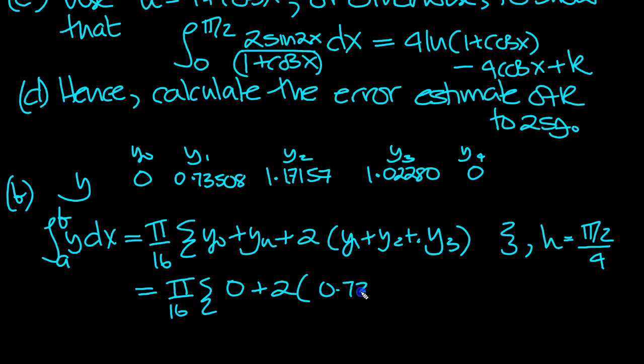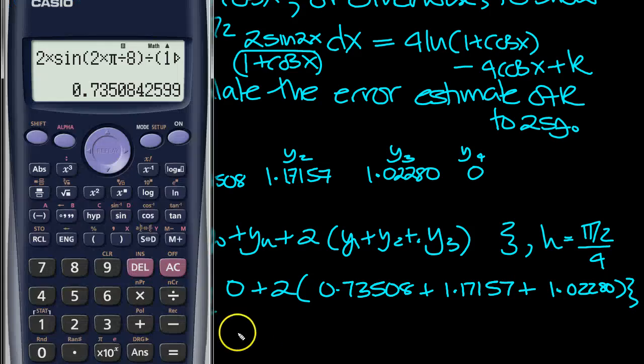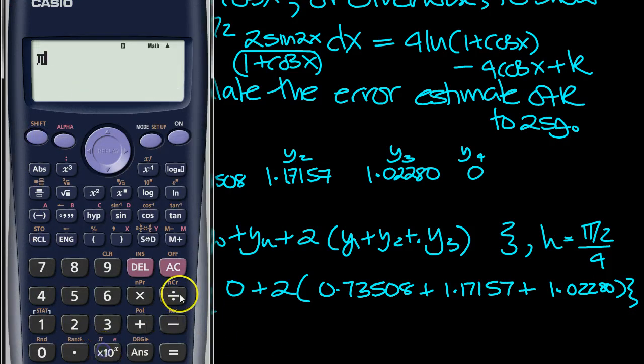Let's write it down so it's clear to the examiner. 0.73508, 1.17157, 1.02280. 2 times that, close the brace, which is equal to, now tap it in the calculator then. So it's pi over 16. So shift pi divided by 16 times bracket. And then inside we've got 2 times all this. 2 times bracket.